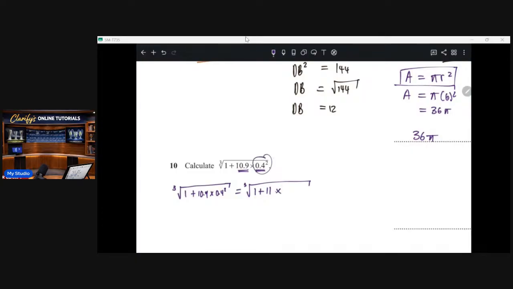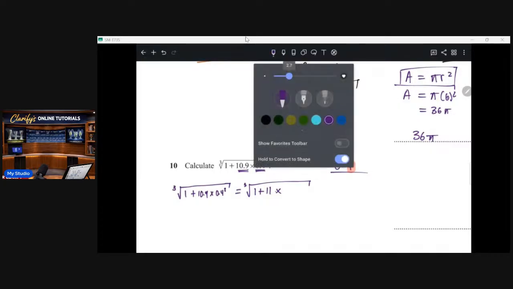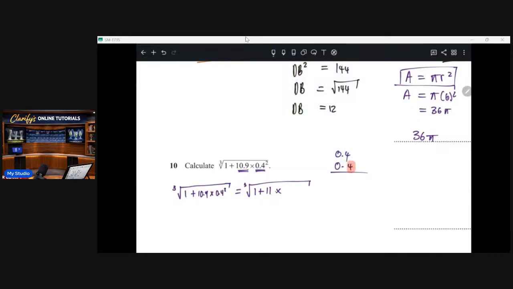Anybody can get this. 0.4 squared is 0.4 times 0.4. You first multiply as if it's a whole number, ignoring the comma. So 4 times 4 is 16.